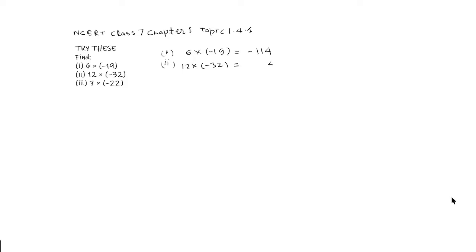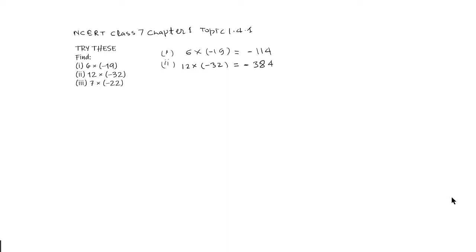We write 4 and we carry 2. 12 times 3 is 36 and we add 2, that gives us 38. So this is 384, but 32 is having a minus sign prior to it, so we have to put minus here. So 12 times minus 32 equal to minus 384.